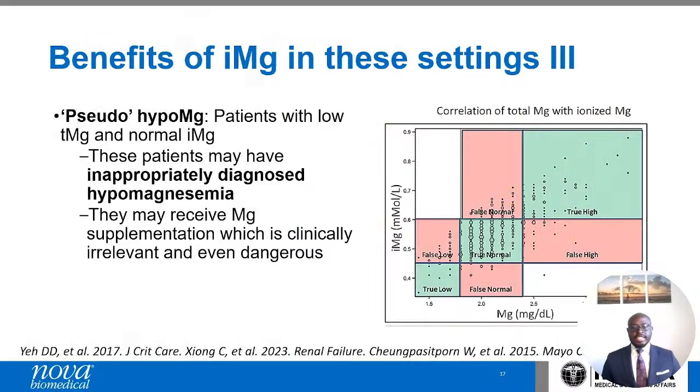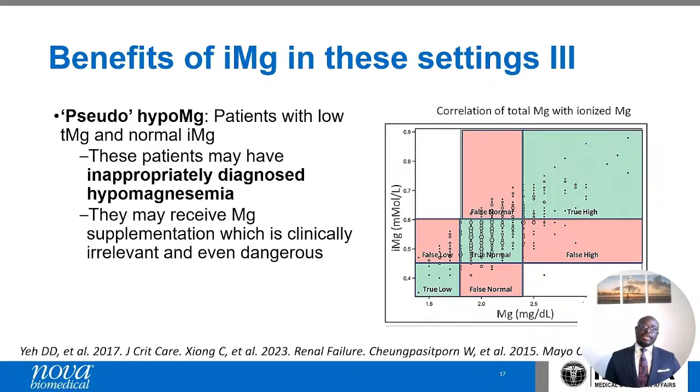And finally, the last case where ionized magnesium may be of importance in these particular clinical situations is the case where you have a low total magnesium, but a normal ionized magnesium. These are the cases we can call pseudo-hypomagnesemic, which would mean patients in this group may be inappropriately diagnosed with hypomagnesemia.